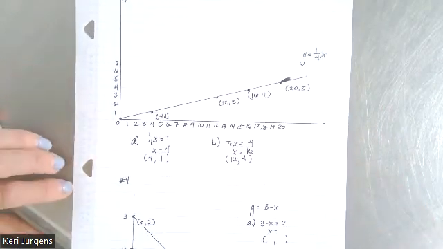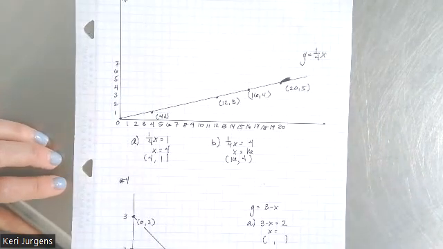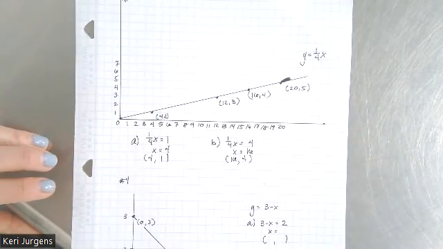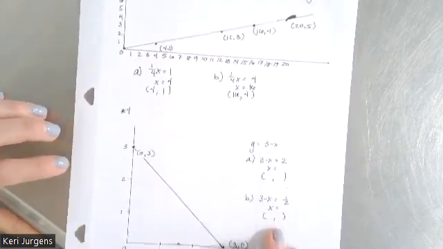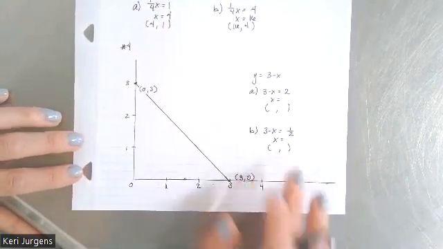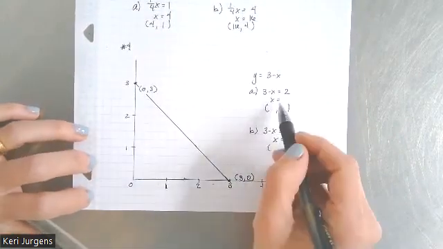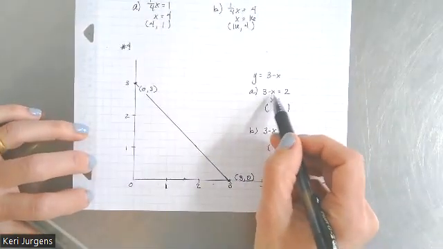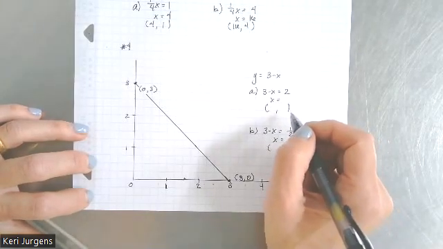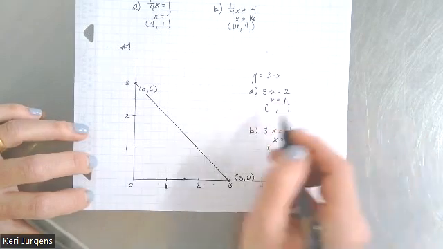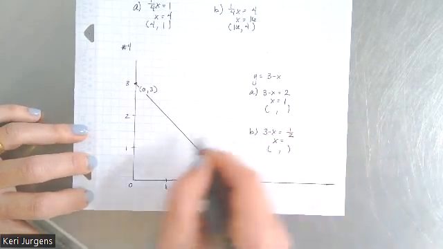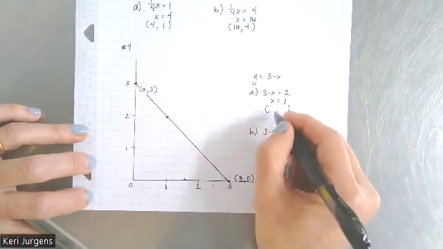Okay. How about number 4? Does anybody have that one? Okay, moving on. Are we good? Can I move it down? Okay, Shafiq. For letter A, when 3 minus x equals 2, what does x equal? 1. Good. So what does my ordered pair look like? 1, 2.